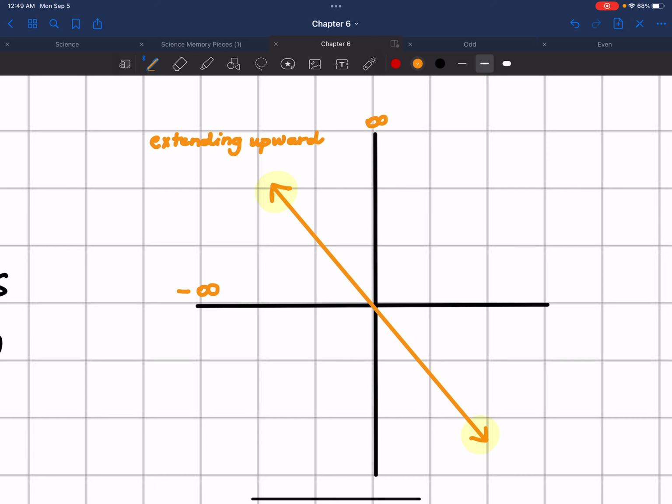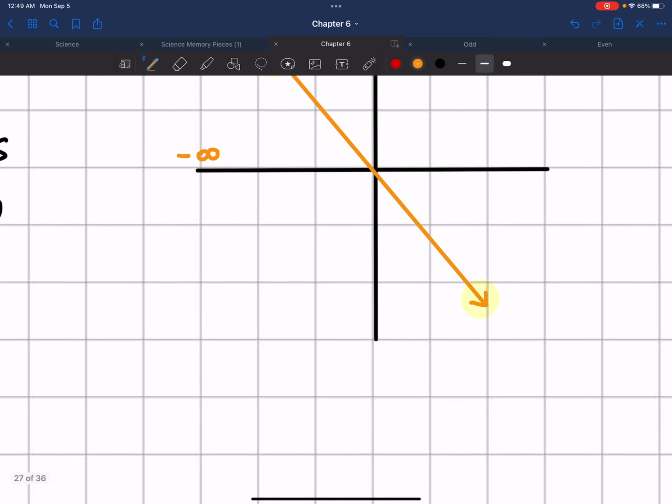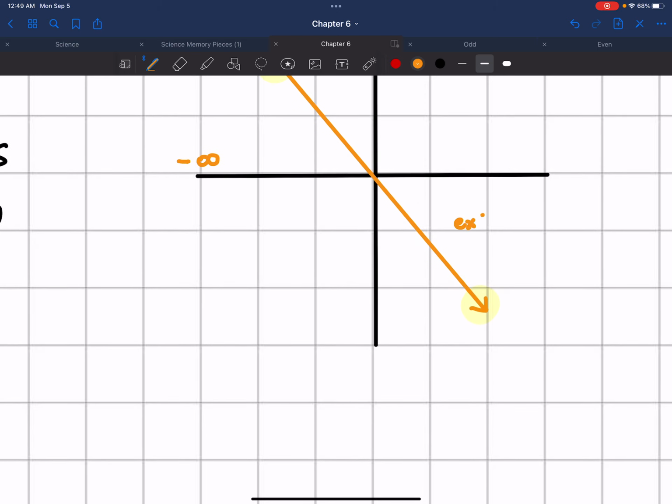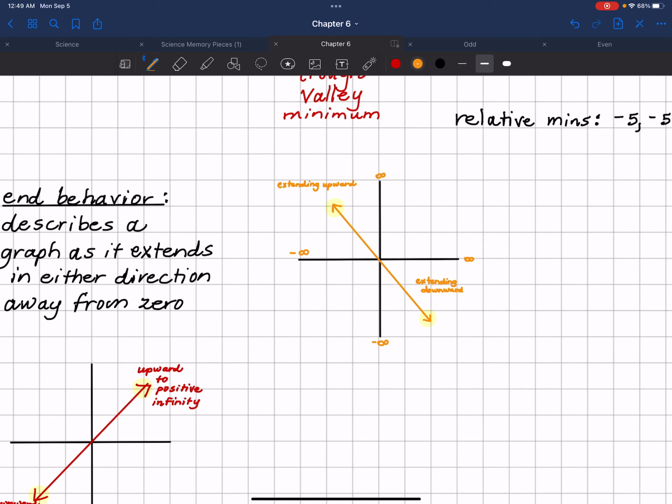And then on the right side, it's extending downward. Again, on the x-axis, it's extending to positive infinity, but on the y, it's extending to negative infinity. So we'll just leave it there. The end behavior is different for those ends.